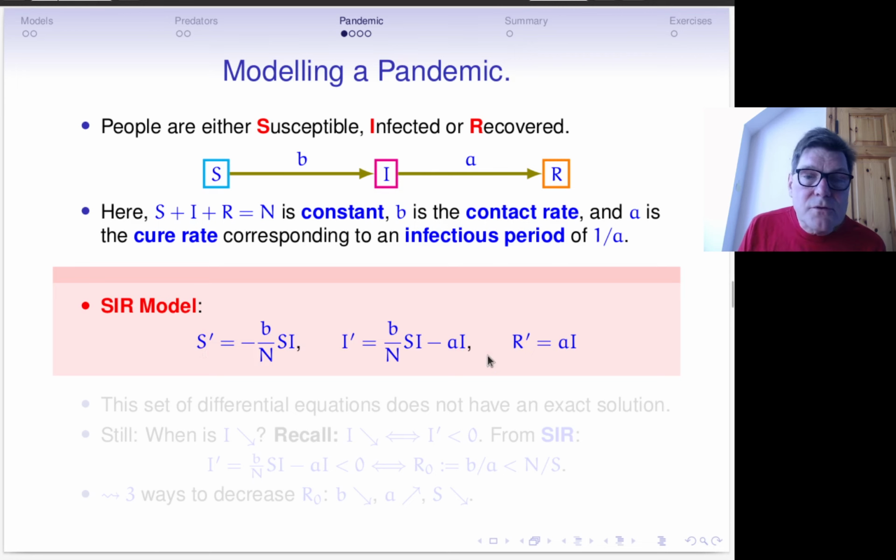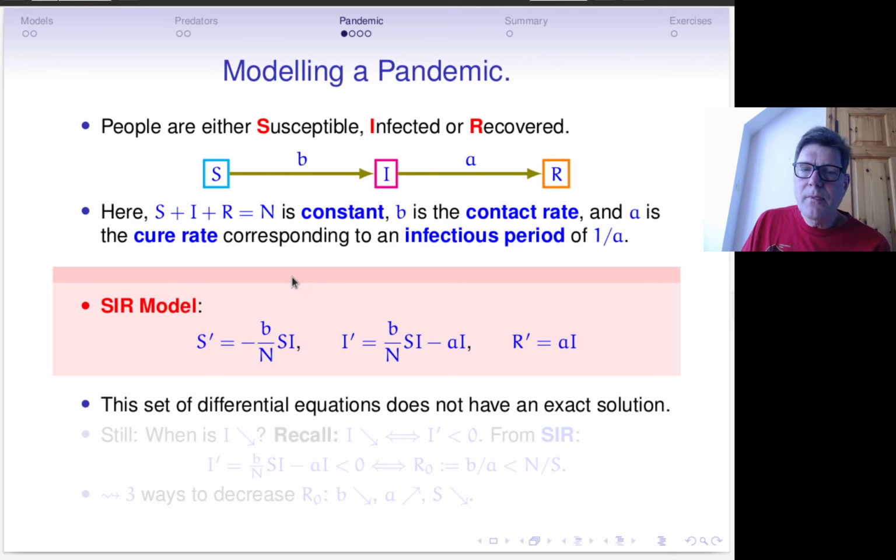That's where these two terms come from, the negatives of the other two equations. So that's a simple model, simple, short differential equations describing the transition of people through different phases of this infection.